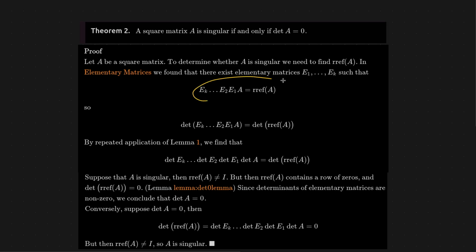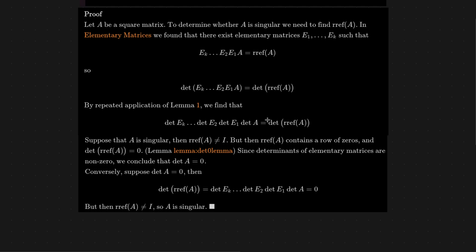So the determinant of this product of elementary matrices with A is going to be equal to the determinant of the reduced row echelon form of matrix A. Right?